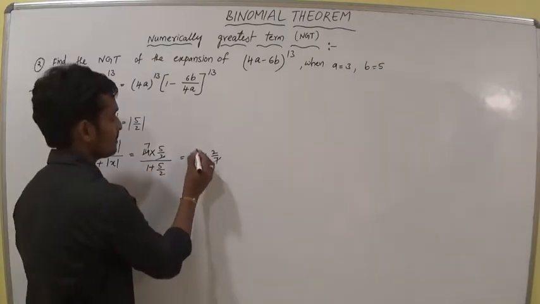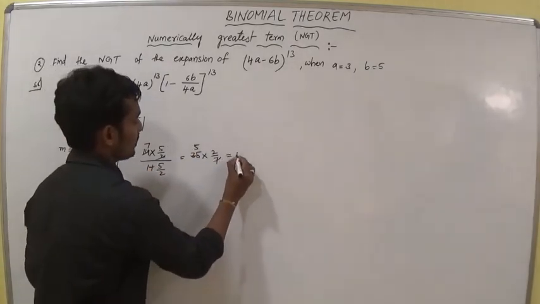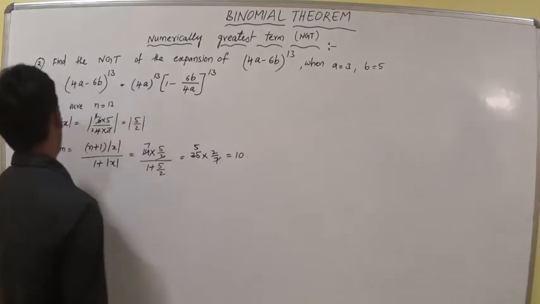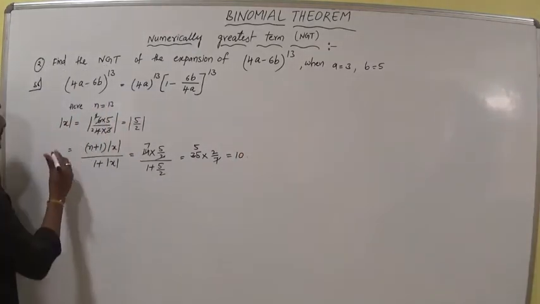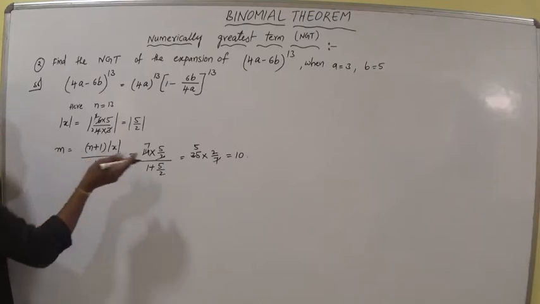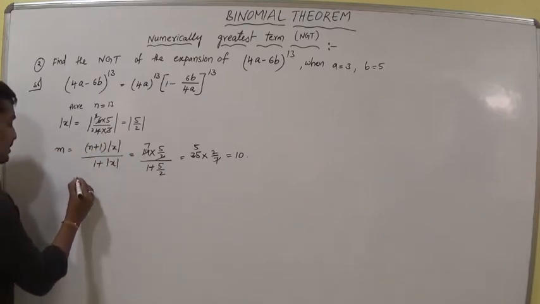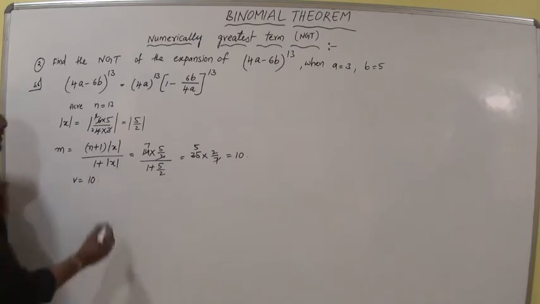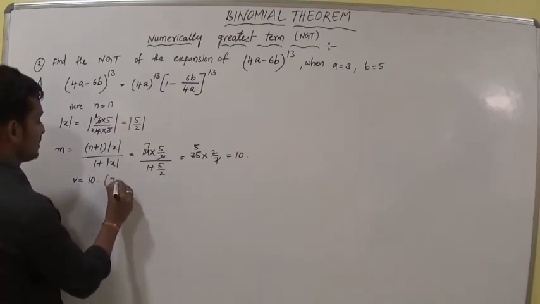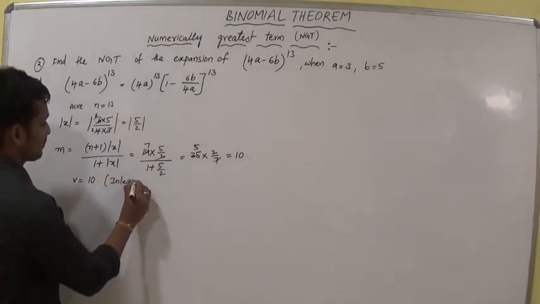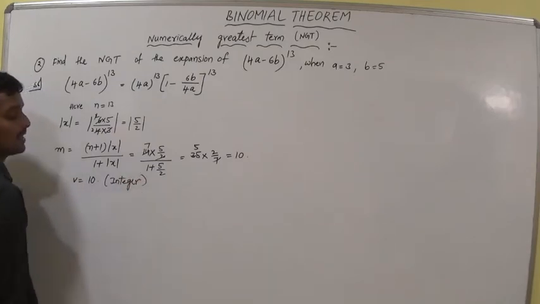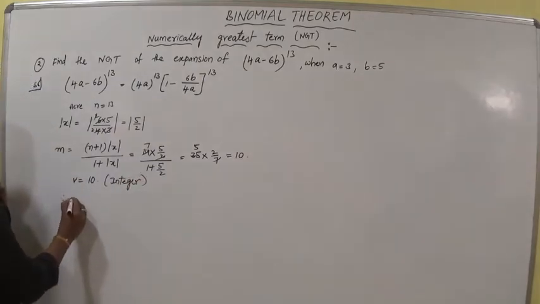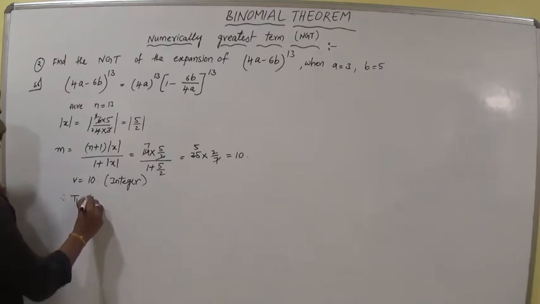So it will be cancelled by 7, and 7 into 5 is 35 by 7, so the value of m is equal to 5. I am taking the value of r is equal to 10. r is equal to 10 is an integer. Therefore, I am getting T10 and T11.